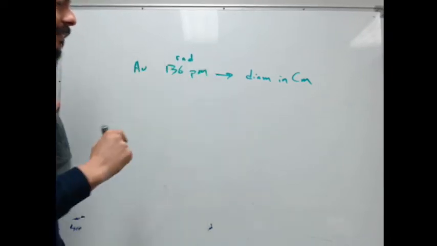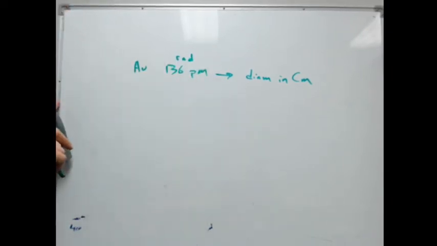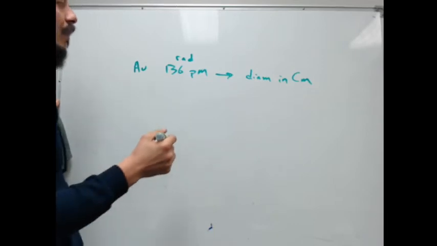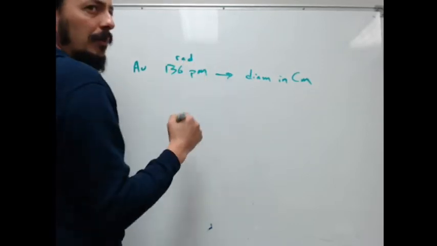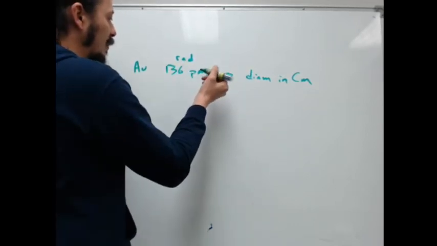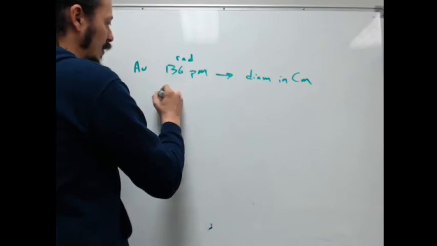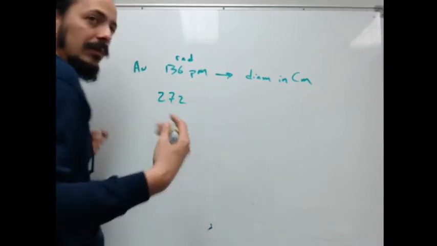That's the radius, and we want diameter? Yeah. So to go radius to diameter, all you do is double it. 136 doubled is 272. And you got that?